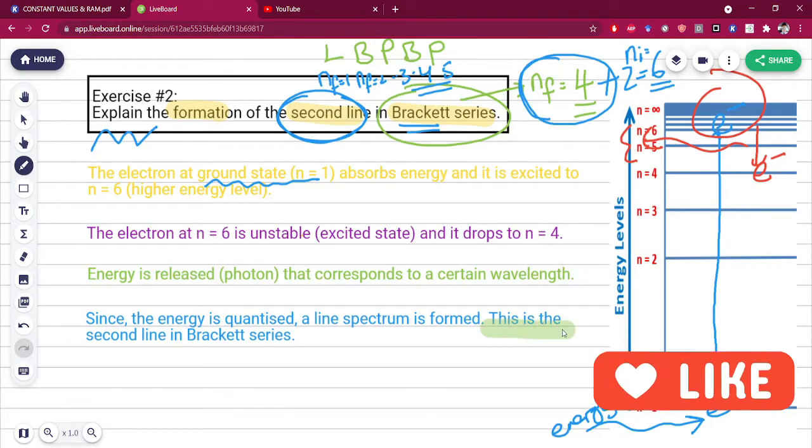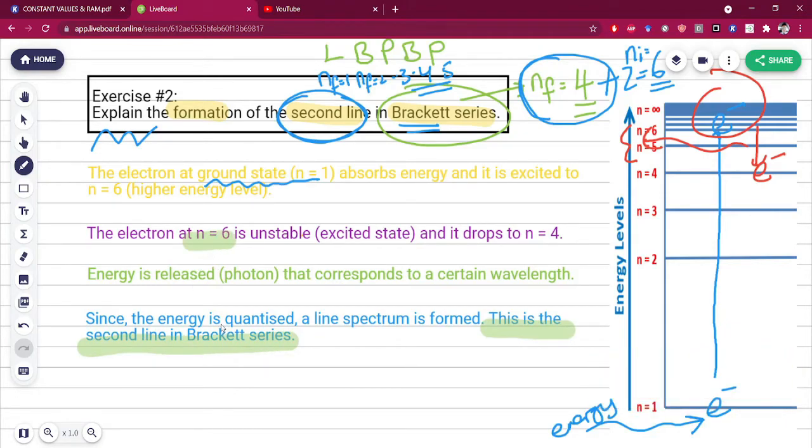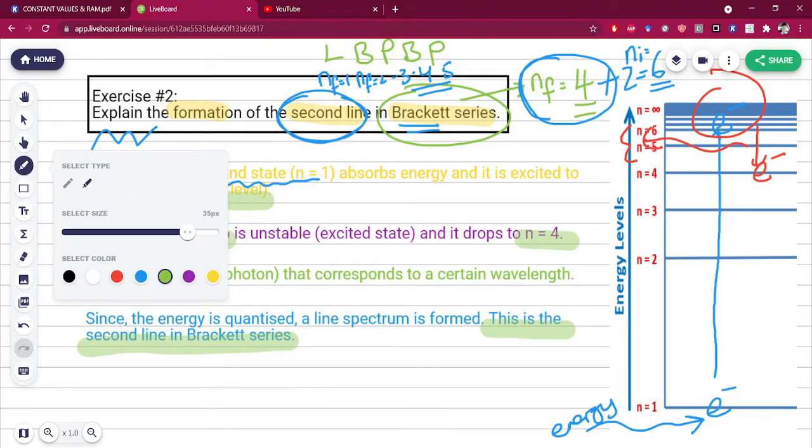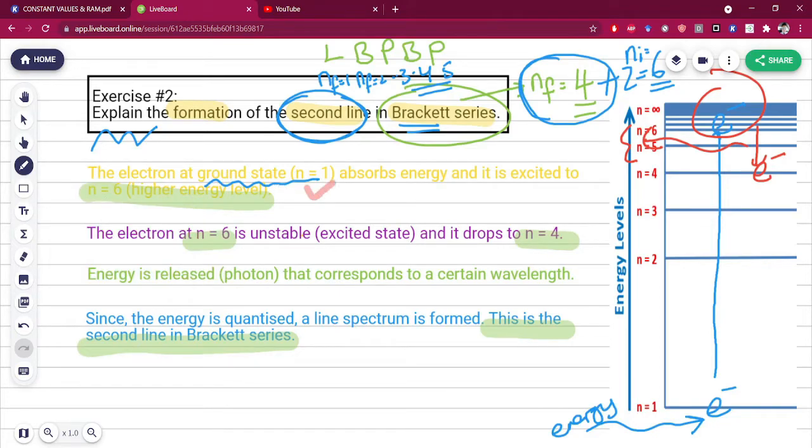You need to be more specific right over here and right over there when the question is specifically for a certain line spectrum. You'd be given 1 mark for this and 1 mark for that.